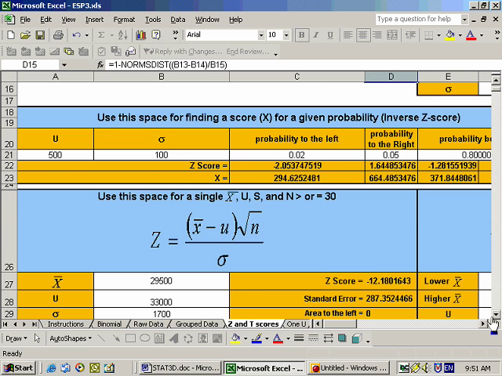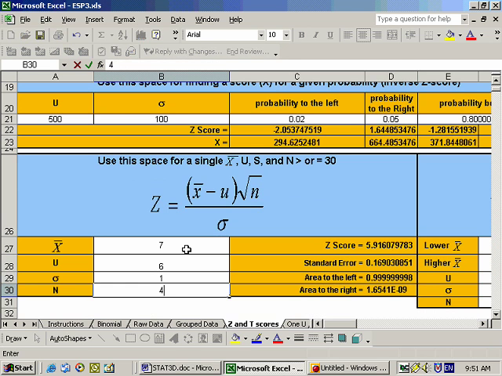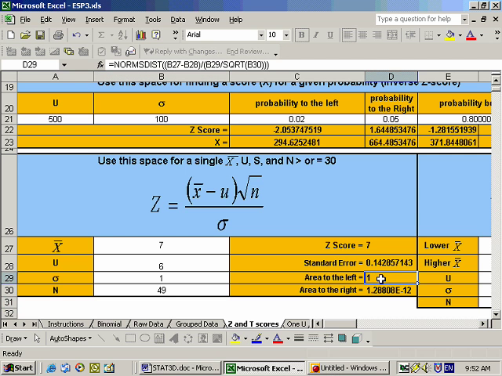The x bar was 7, the mean was 6, standard deviation of 1, and the sample size was 49. I think it was interested in the probability that somebody jumps 7 feet or less, so that would be to the left. So your answer to this is 1, or in other words 100%.